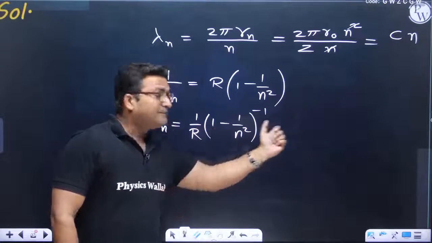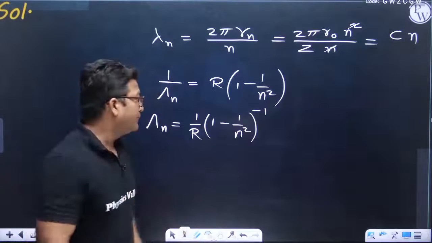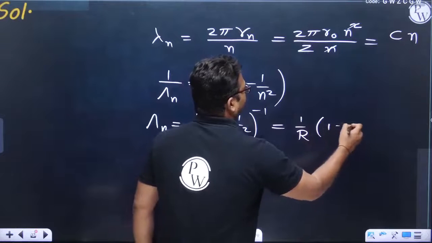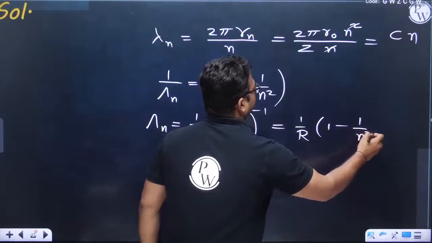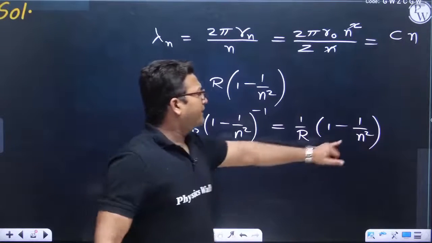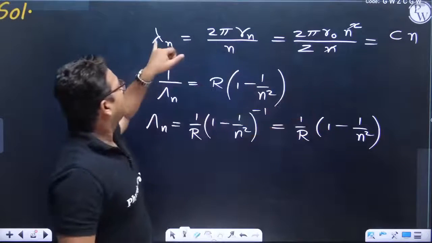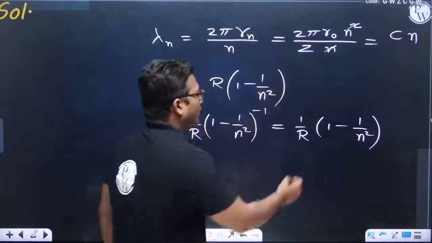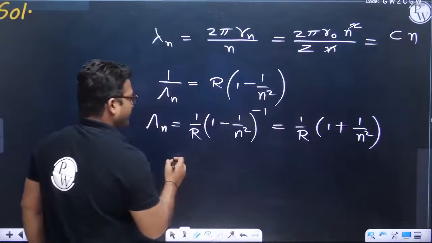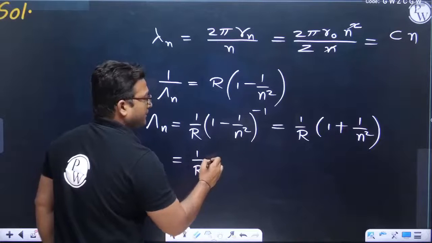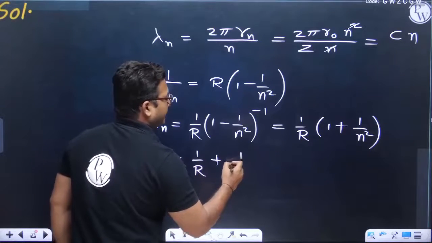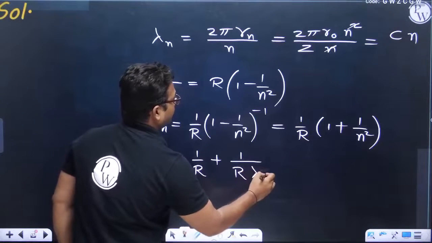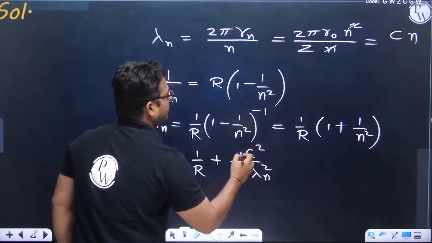So expanding this binomially and taking only two terms, we can write it as 1 by r and 1 plus 1 by n square. And n square can be written as lambda n square divided by c square. Okay, so we have 1 over r plus 1 divided by r, and at the place of n square we have lambda n square over c square.